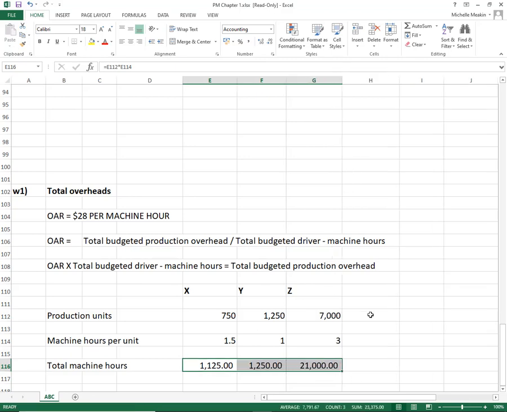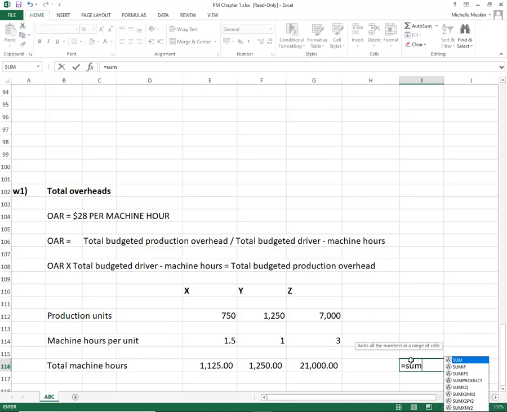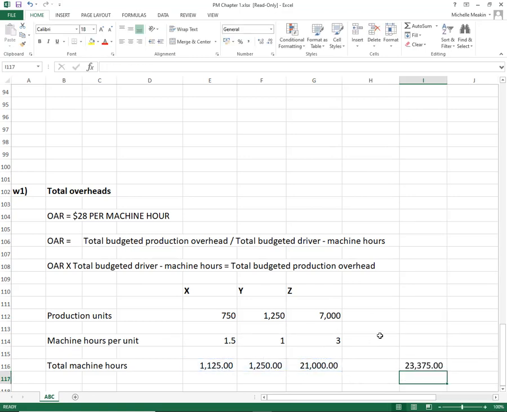I'm interested in the total, so I will cast each of the products' machine hours that is required. And that means I need 23,375 machine hours.